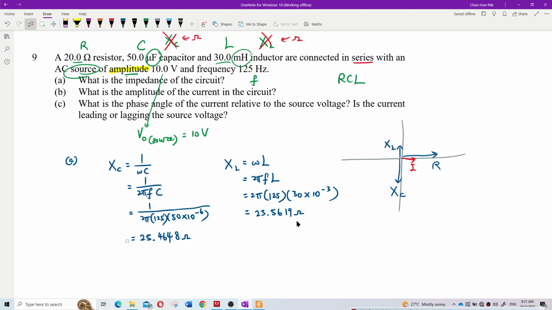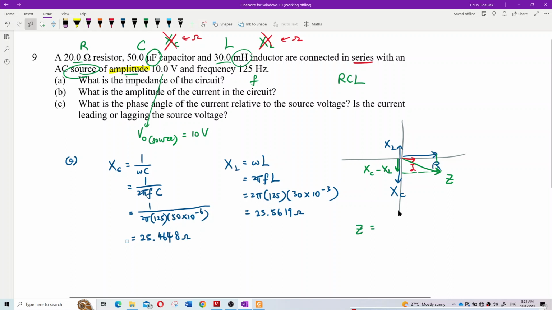So the resultant is XC minus XL. So in the end, we get the Z. XC is bigger, so let's find out the Z.